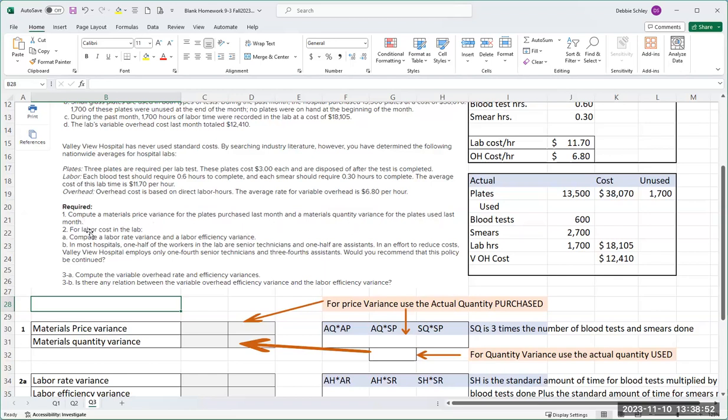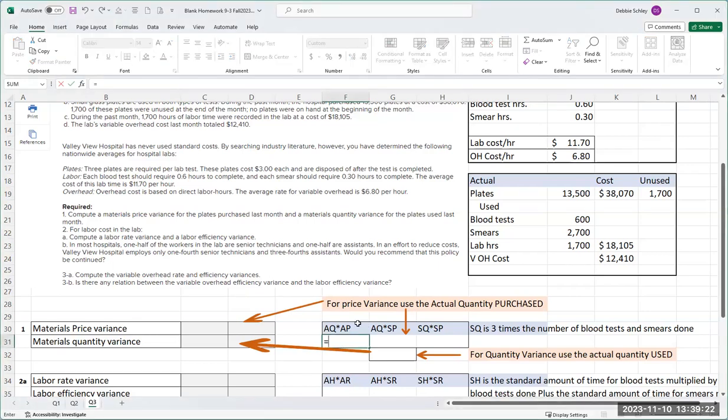Okay, so materials price variance. So the very first thing I'm going to do is, like I did before, I like to fill in all three of these things. So for the actual quantity times the actual price, again, just like I've said before, sometimes they give this as a total.